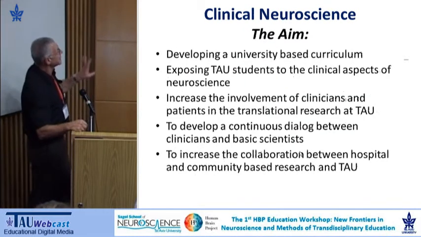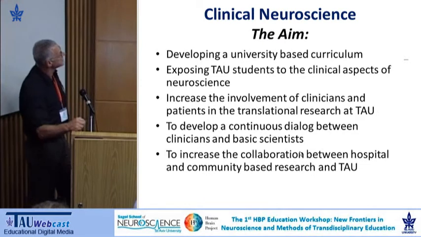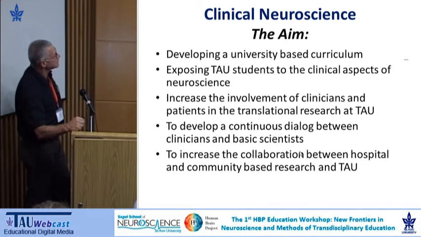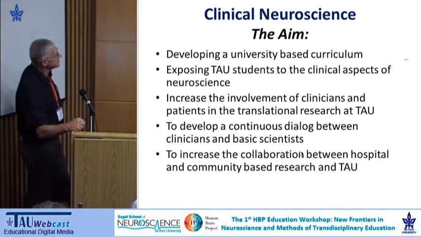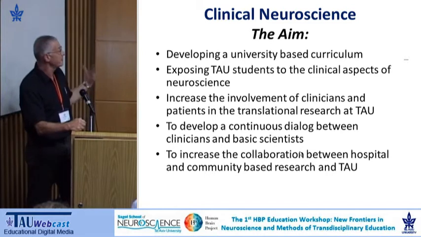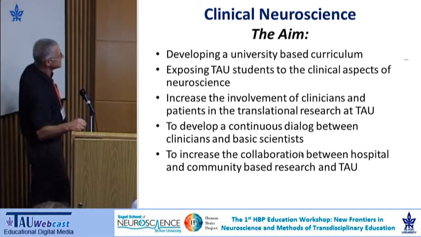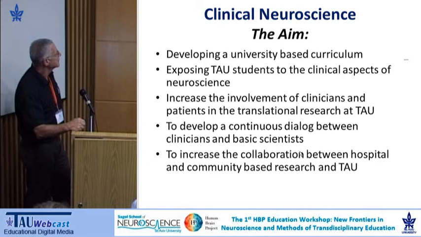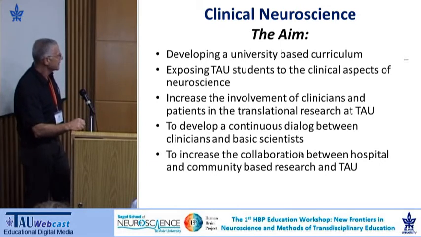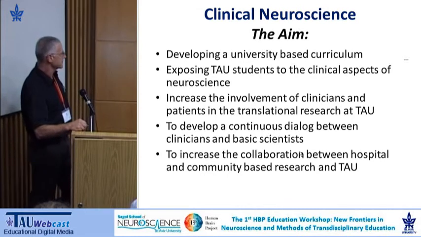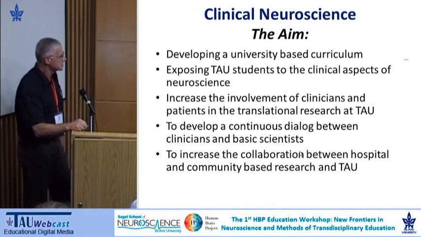I'll just highlight the aim to develop a university-based curriculum, exposing Tau students to the clinical aspects of neuroscience, increase the involvement of clinicians and patients, and maybe even families in the translational research at Tau, develop a continuous dialogue between clinicians and basic scientists, and increase the collaboration between hospitals and community-based research and the university.